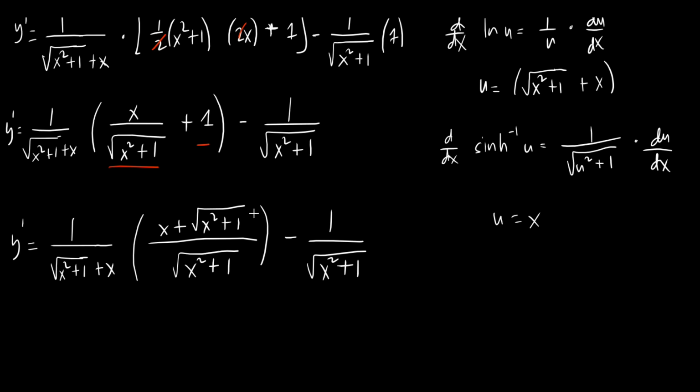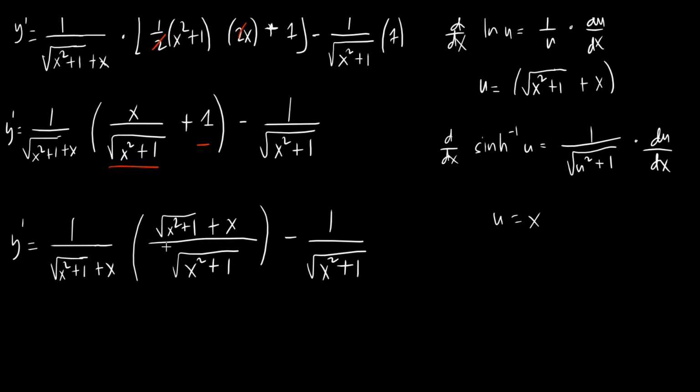So let's rearrange this one to make a nice cancellation. So we have the square root of x squared plus 1 to itself, so we have the square root of x squared plus 1, plus x, right?